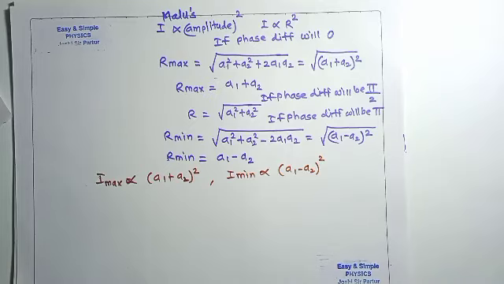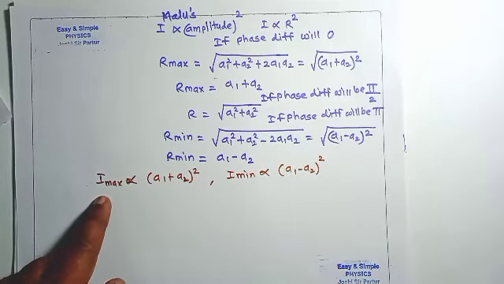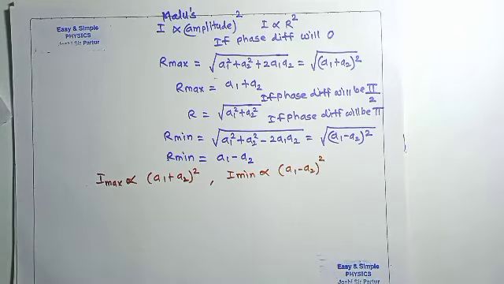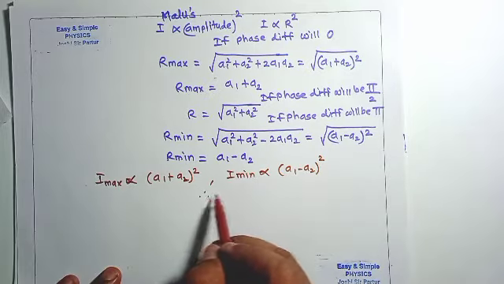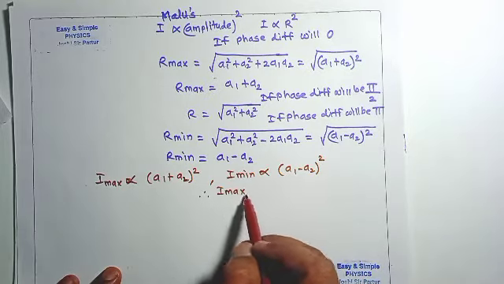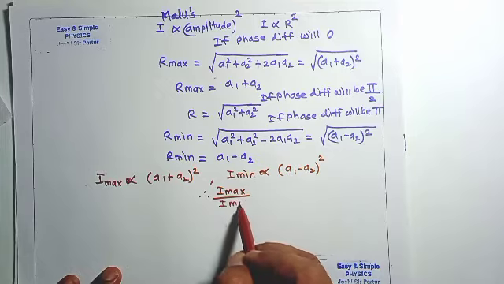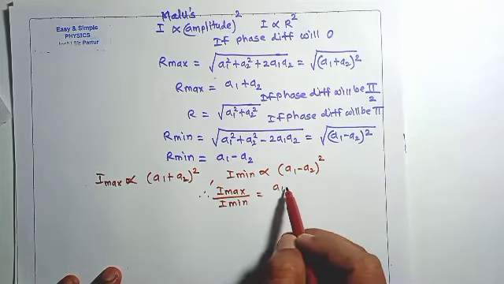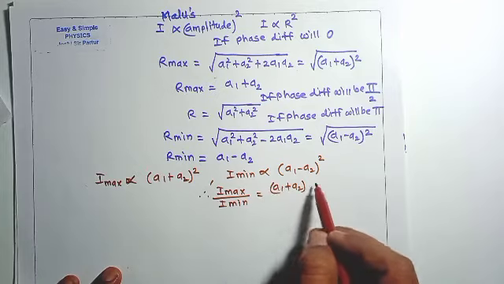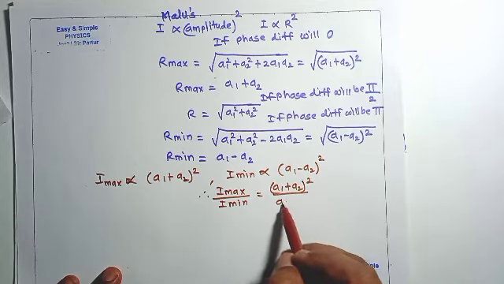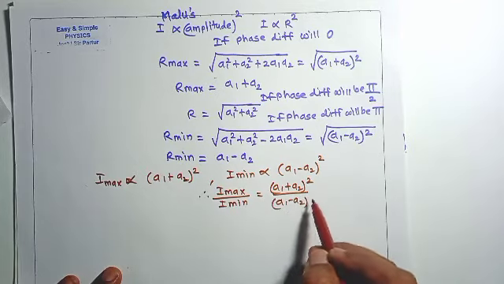So using this formula we can find the ratio of maximum intensity to minimum intensity. We can write I maximum upon I minimum as a1 plus a2 bracket square upon a1 minus a2 bracket square.